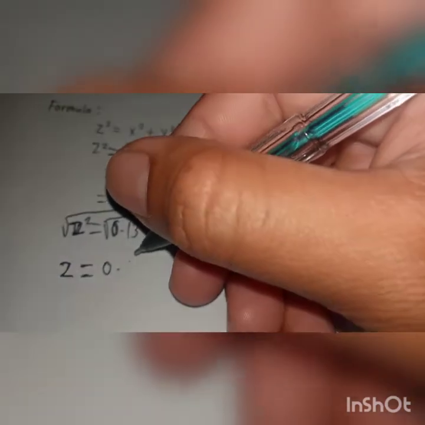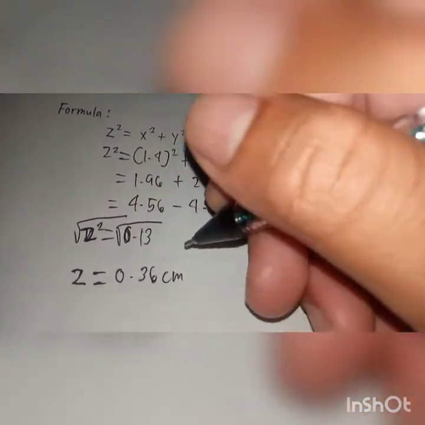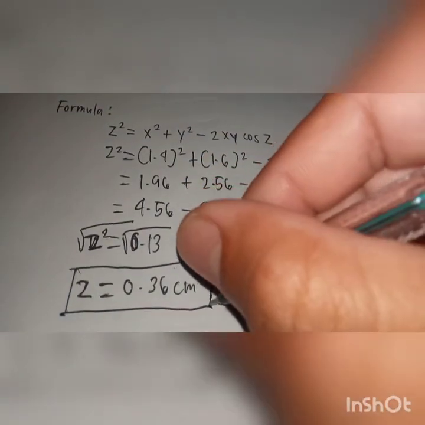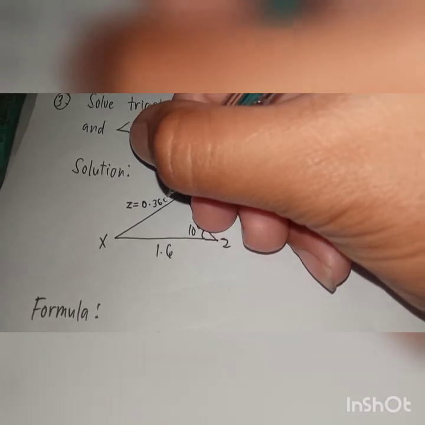So take the square root of 0.13, which is the value of z, is equal to 0.36 centimeters. So the value of z is 0.36 centimeters.